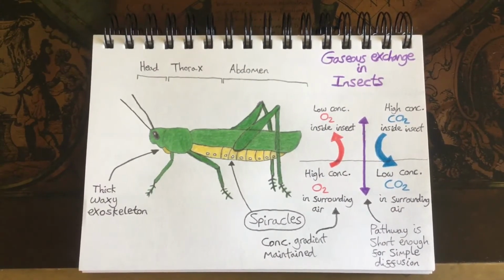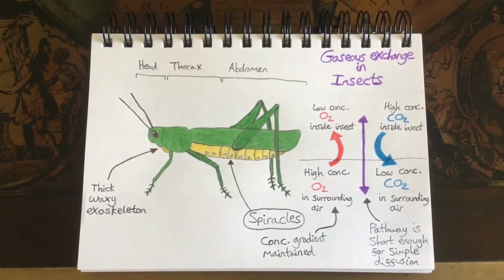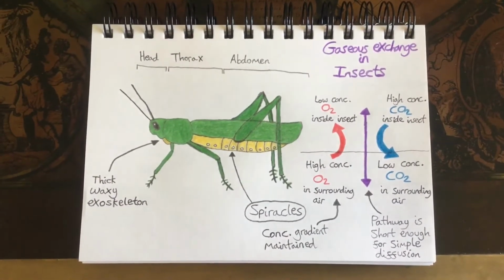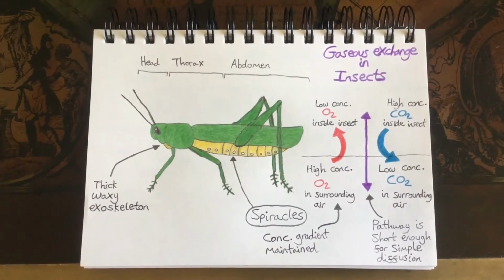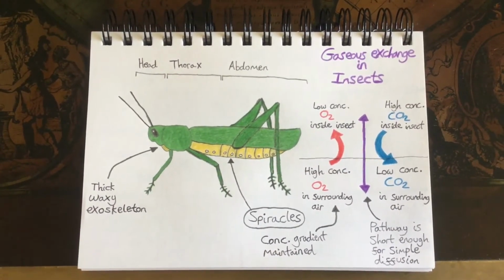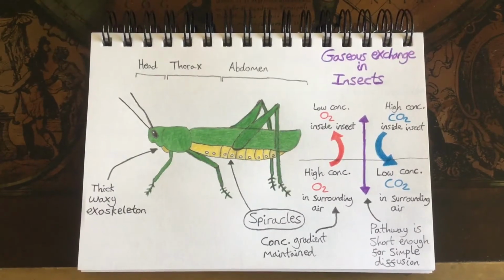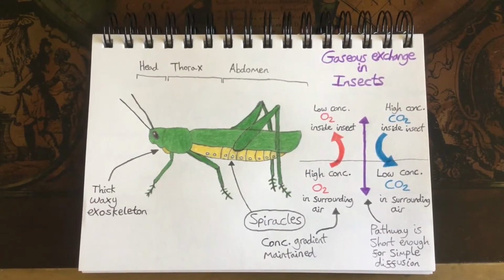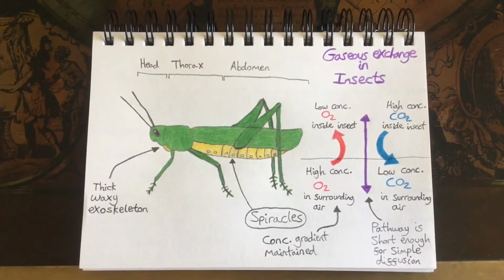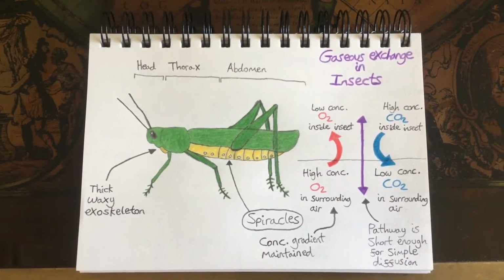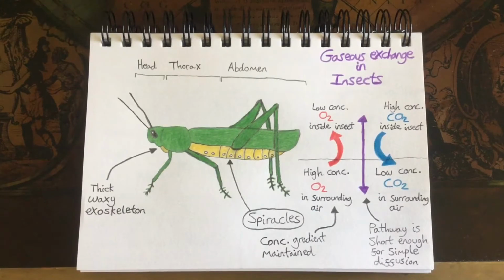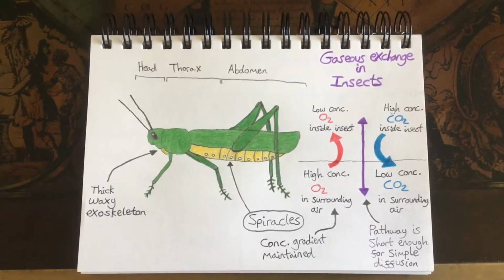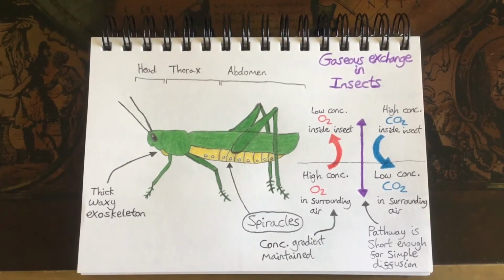So also, because insects are multicellular organisms, they do need some kind of system that allows for oxygen to reach all of the cells on the inside of their body. And that's what we're going to look at next. So that's called the tracheal system. They do have this kind of tubule system inside of their body from the spiracles that actually allows oxygen to reach all the cells of the body.